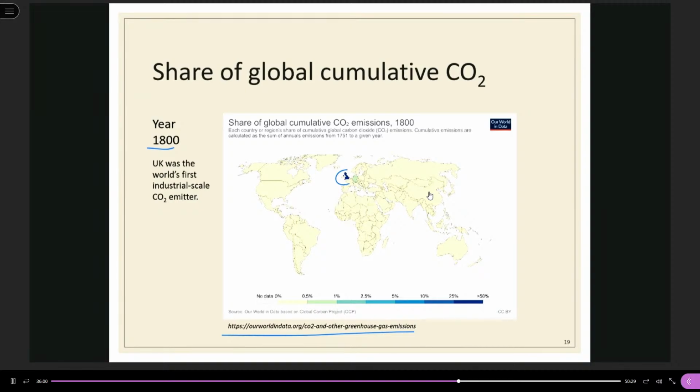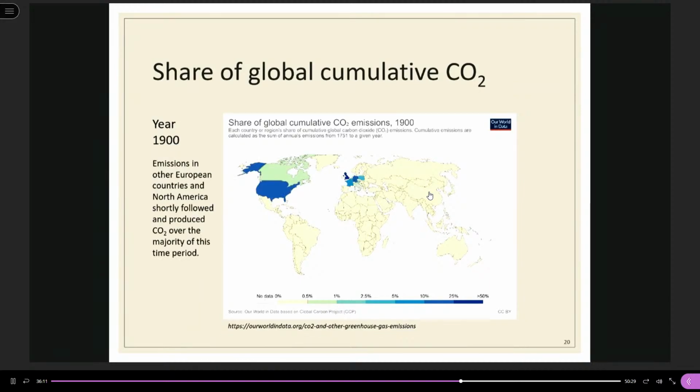So in this early period, 200 years ago, the UK was the main contributor to carbon dioxide emission. Then 100 years later, emissions in other European countries and North America shortly followed and produced carbon dioxide over the majority of this time period.